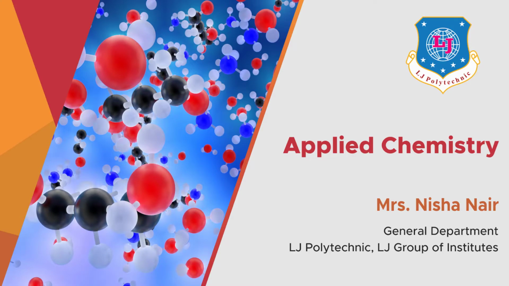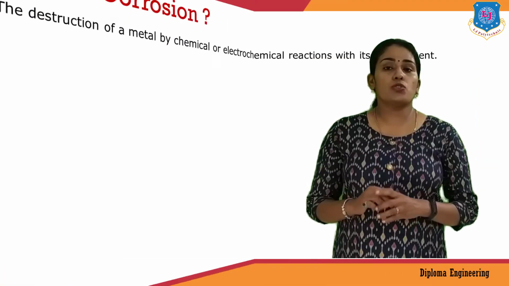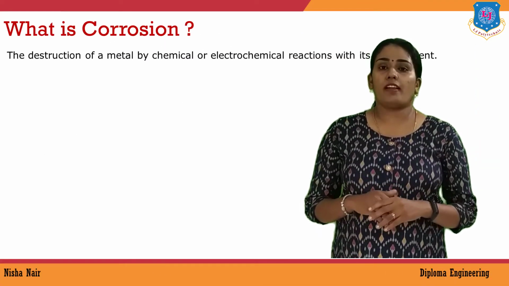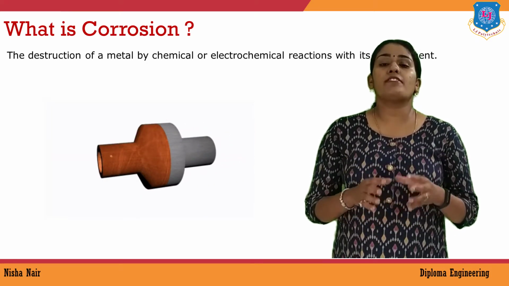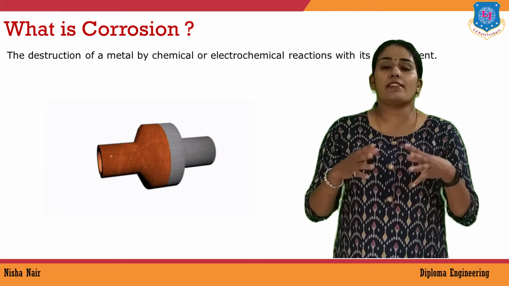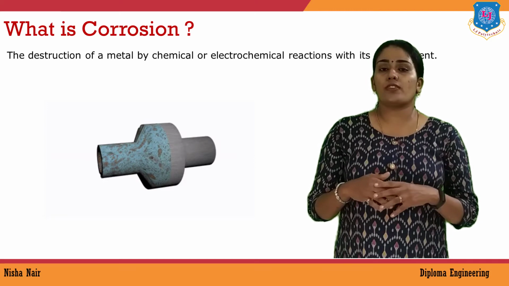In this video, we are going to learn about corrosion, how corrosion takes place, and the types of corrosion. So, what is corrosion? As we know, corrosion is the decay of metal, or it destroys the metal and metallic properties. We can see in our environment that different metals get destroyed in different ways.